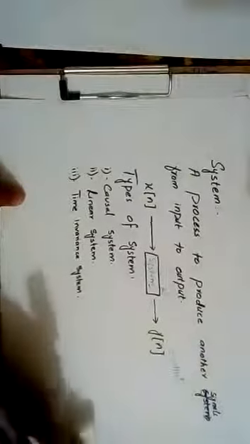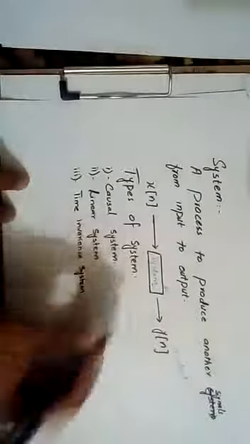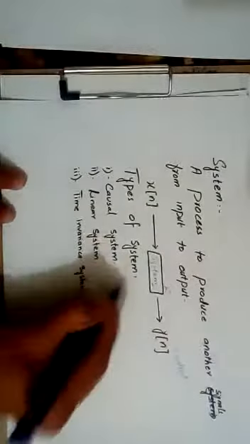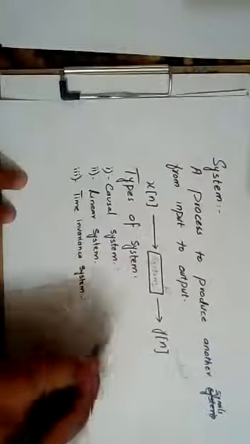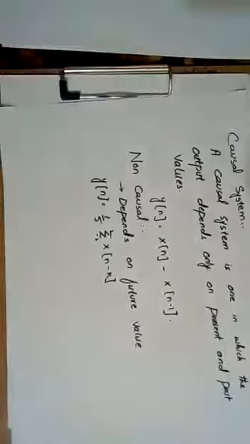Types of system. I will explain three types of system, that is causal system, linear system and time invariant system. What is a causal system? A causal system is one in which the output, which is y of n, at time n depends only on the current value of the input and the past values of the input.